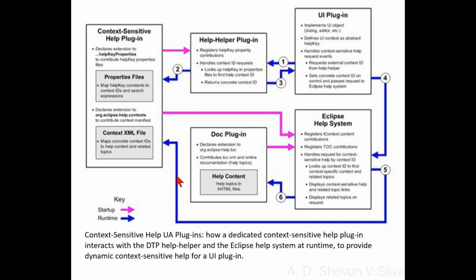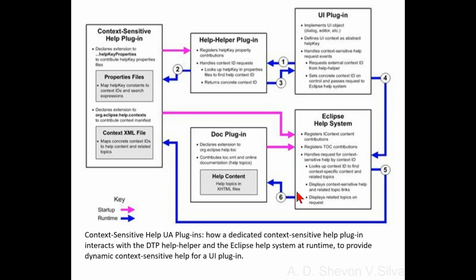The Eclipse help system registers context content contributions declared by context-sensitive help plugins, and online help TOC and topics contributions declared by documentation plugins.